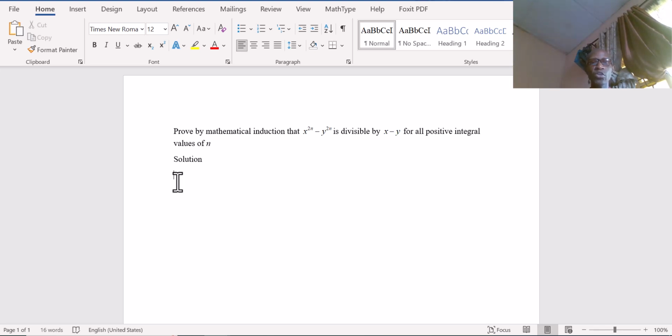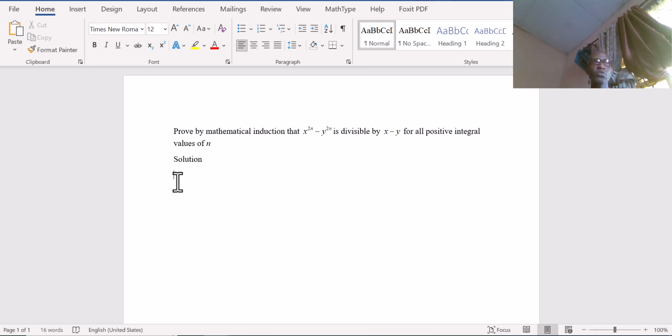What we try to do in induction is that if a formula is given, we slot in n equals 1 to the formula, and we find out that the formula holds true for 1. Then we try for 2, and the formula holds true for 2 too.